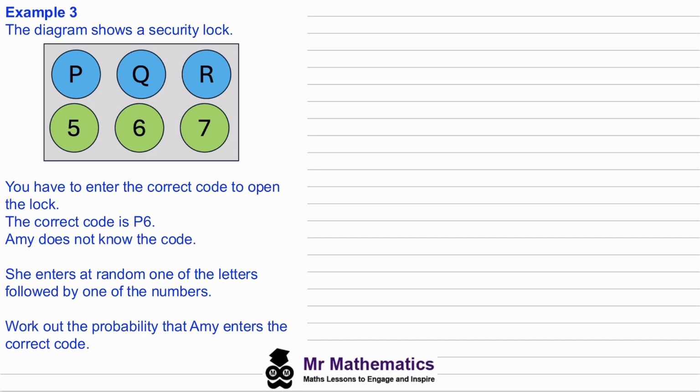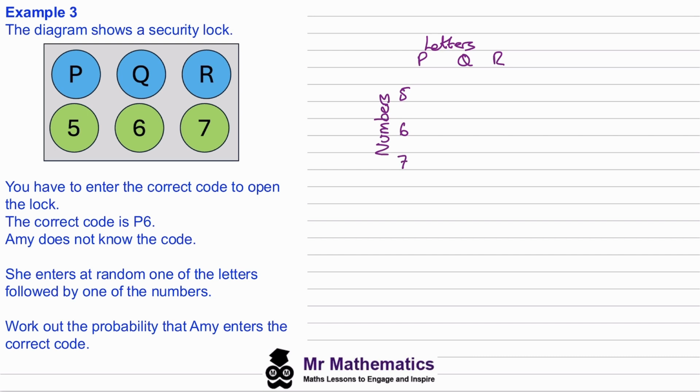So if we begin by drawing a sample space diagram, we'll have the letters on top and then the numbers to the side. The letters will be P, Q, and R, and the numbers 5, 6, and 7.